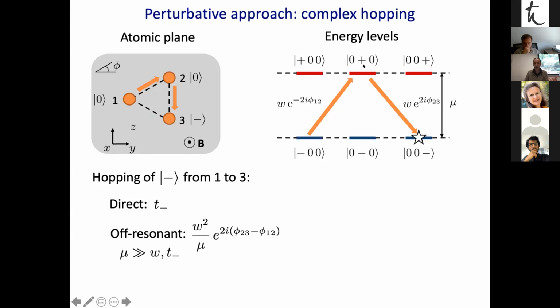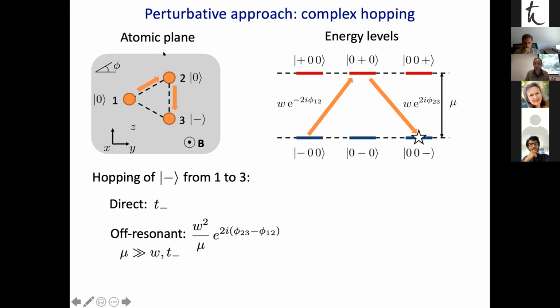So it's an indirect hopping, and in second order perturbation theory, it's the product of those two amplitudes which now have a phase. And so at the end of the day, you have an effective coupling, which is W squared, the square of the amplitudes, divided by the energy, times the difference of the phases. But now, this difference in phases is totally independent of the orientation.